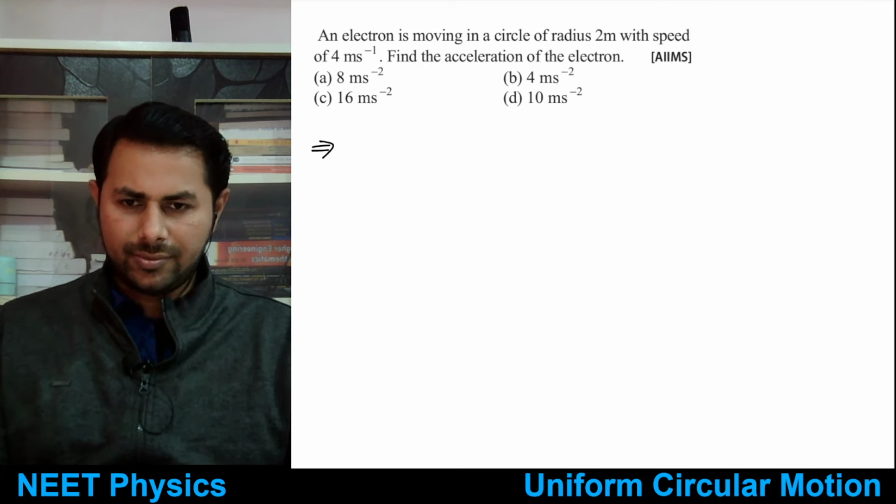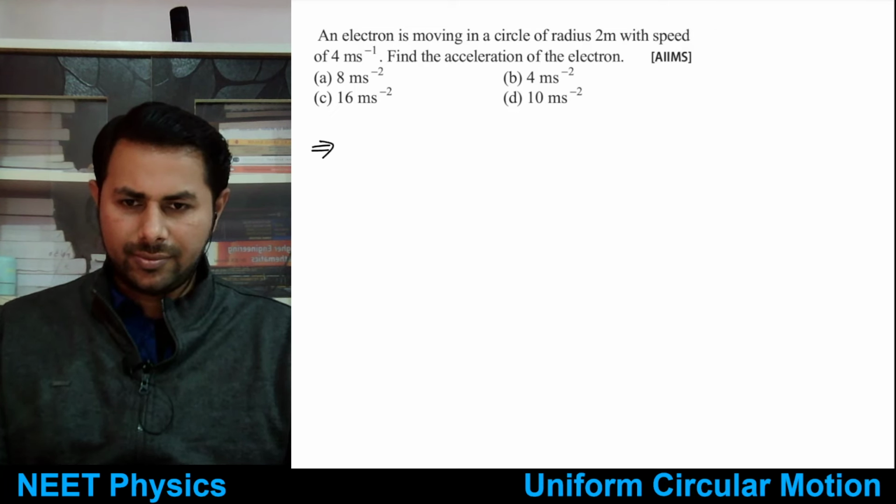V square by r, right? So it is just 4 square divided by 2. And what's that? 16 by 2, 8 meters per second squared. So it was asked in AIIMS sometime, right? So very simple question.